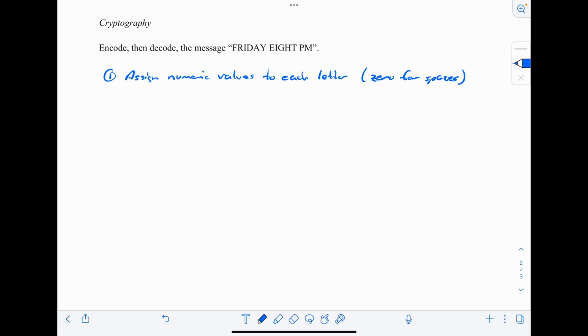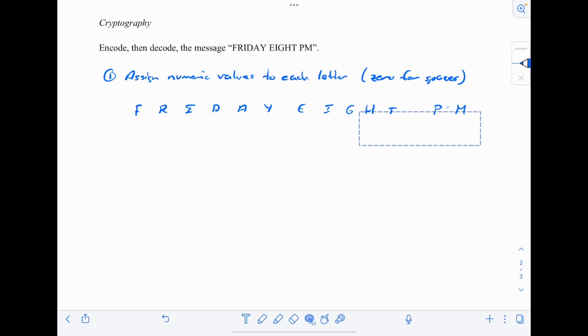So in this case, if I take this message, Friday, 8 p.m., I'll give myself a little more space for the actual space itself. Assigning letters, F is 6, R is 18, I is 9, D is 4, A is 1.